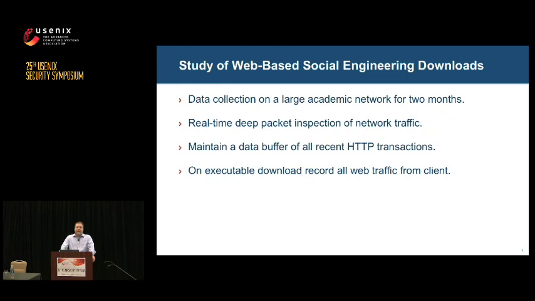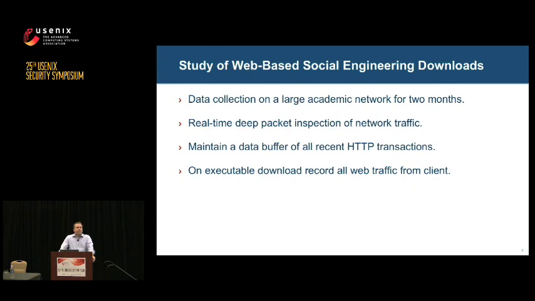So we deployed a collection agent on a large academic network for a period of 2 months. This collection agent performed real-time deep packet inspection to reconstruct HTTP transactions. We buffered these HTTP transactions in memory for all the users on the network, and we typically had around 5 to 10 minutes' worth of HTTP traffic in the buffer, depending on the amount of load in the network at the time.